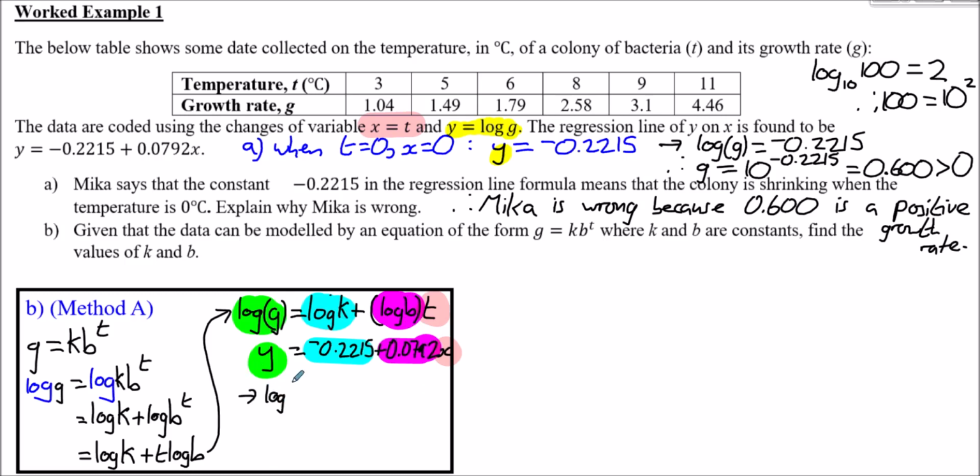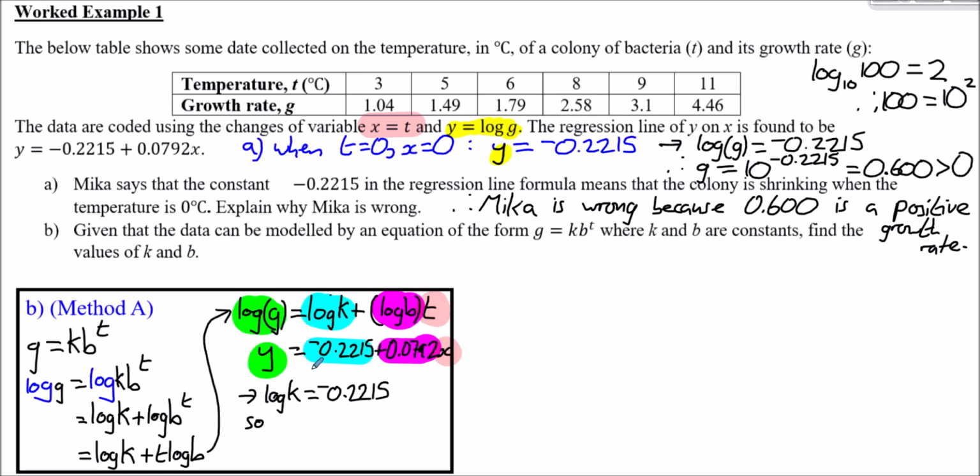So log of k is minus 0.2215. In fact, we did this earlier for part A. So we worked out from part A, if we look here, we took log of both sides, and we got that k was 0.600.